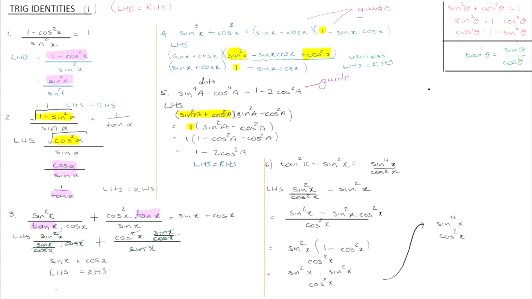Let me go and sort out my lines quickly. Right, so we LCD'd, and then we saw that we had a 1 minus cos squared, which became sine squared, and then the sine squared times sine squared became sine to the 4, and therefore my left hand side equals my right hand side.